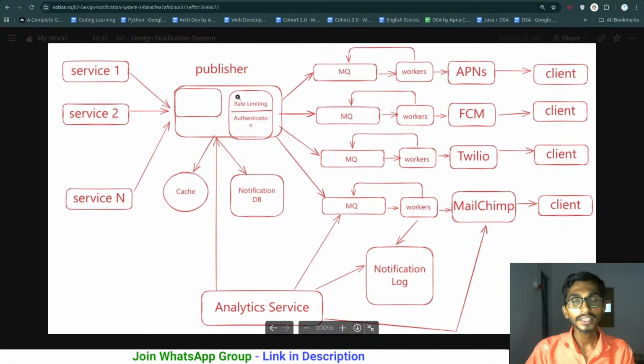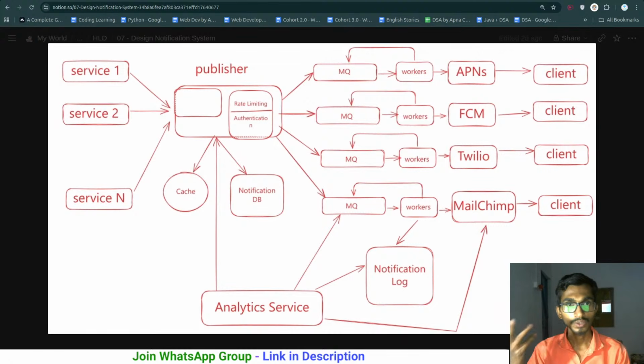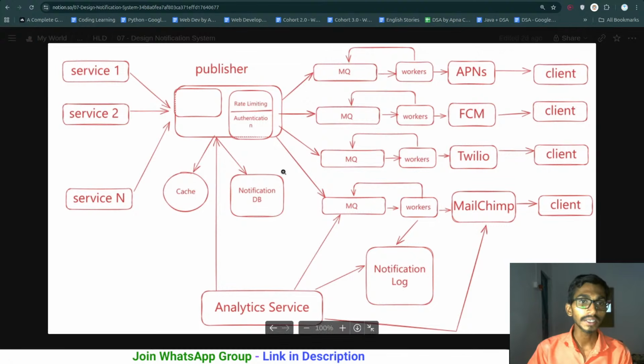This publisher is mainly responsible for generating the body of the request and for rate limiting or authenticating the request, whether that's the right one or not. Once it does all these things, it sends the request to the messaging queues. So this is sort of a publisher.